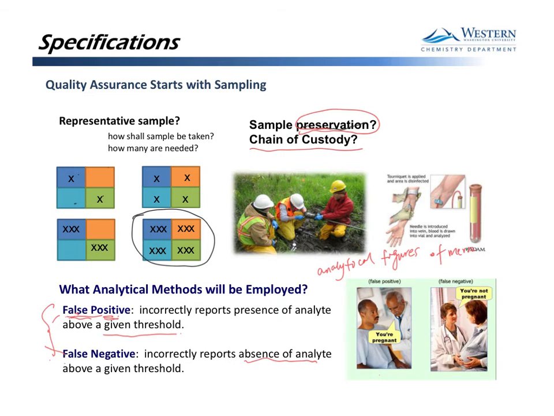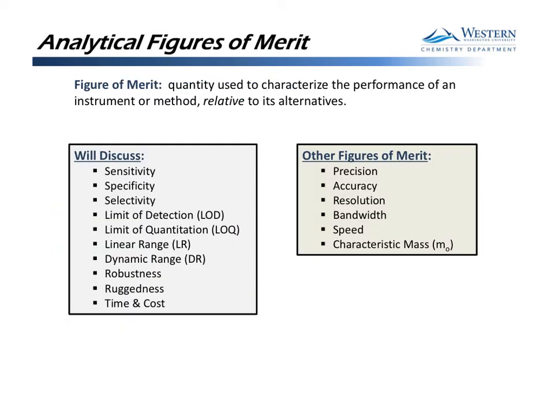Okay, so what are analytical figures of merit? It is a quantity used to characterize the performance of an instrument or method relative to its alternatives. So it's a quantity to compare different instruments or methods.